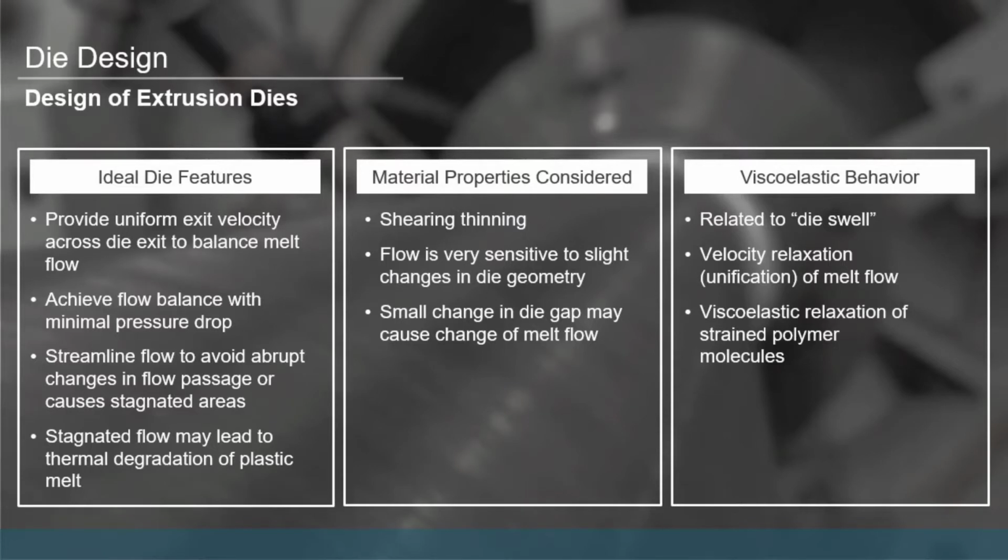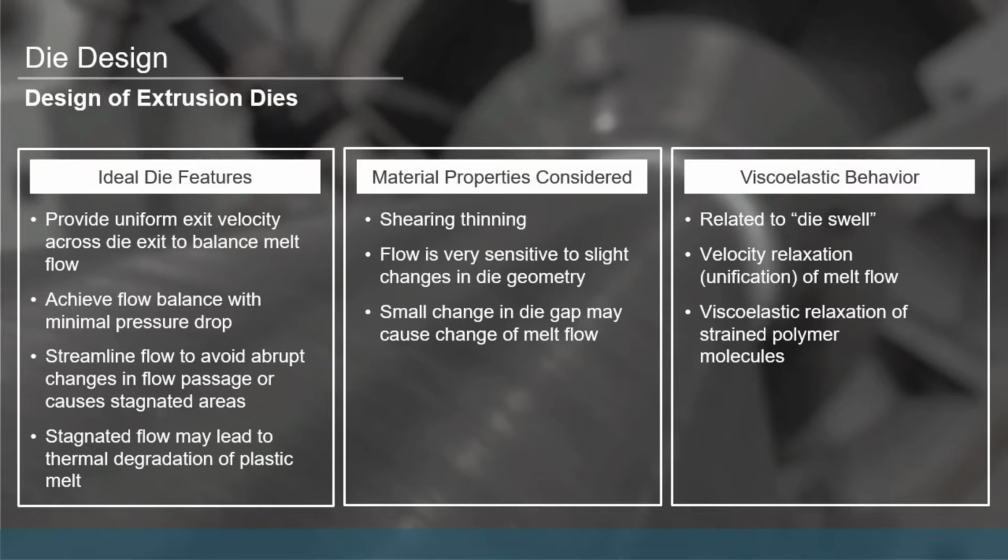And achieving a flow balance through the pressure drop, so that the throughput is consistently maintained, is another important feature of the die. And streamlining the flow, so that you don't see flow, stop, flow, stop like that, is also another important feature of the die.